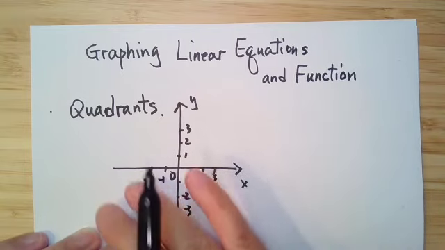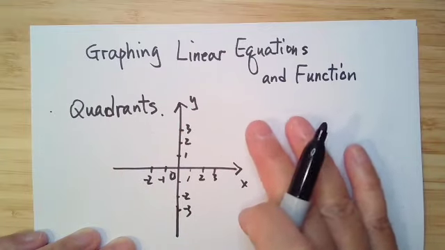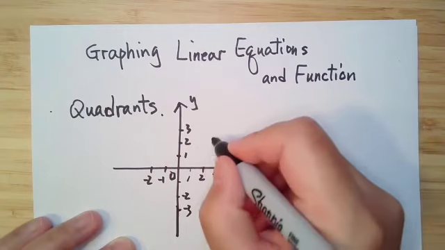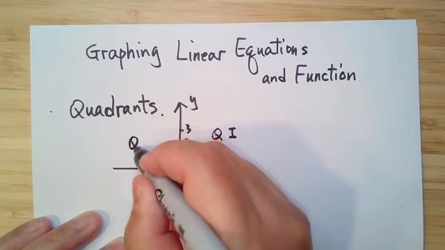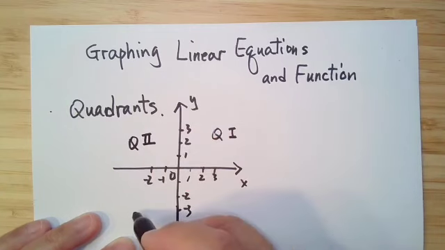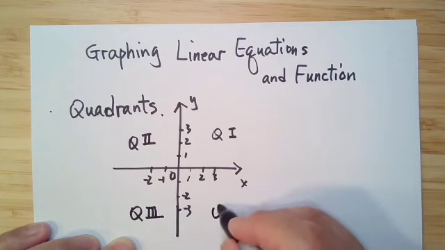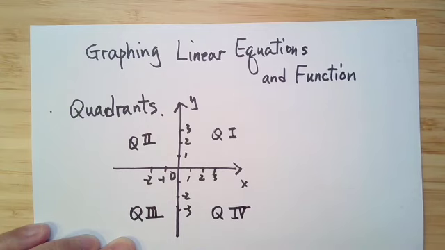That will split the whole plane into 4 areas, and each one is called a quadrant. This is quadrant 1, this is quadrant 2, here is quadrant 3, and this one is quadrant 4. This is the way to write 4: an I and a V, and that V means 5, right?